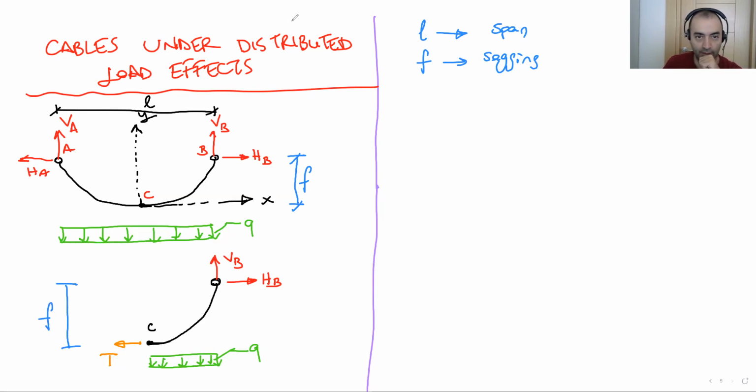By the way, remember, the total span in between point A and B is L. Here is L over 2, L over 2, because we cut the system from the midpoint.